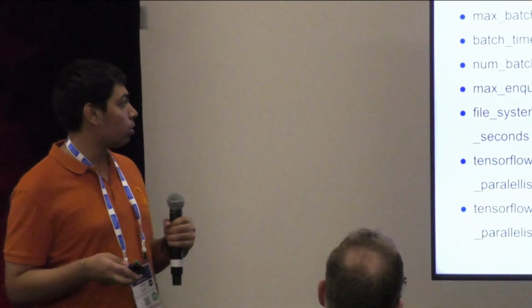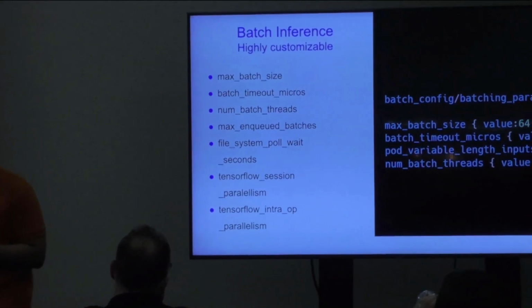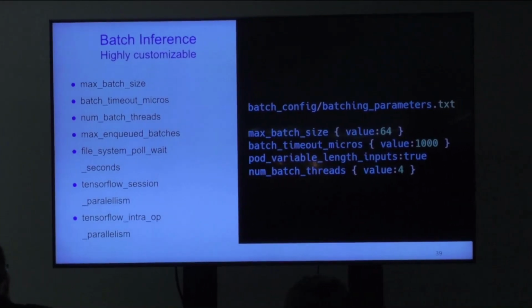Before I go forward, I also wanted to talk about some of the customizations possible here. These are just some of them, and I specifically included some customizations for model versioning as well. Especially if you see the polling related arguments over here, you also have the ability to poll models. One of the things we saw earlier was that you do not need to mount a file system. You can directly get your model from Google Cloud Storage or something. The poll is essentially reading the bucket multiple times to see if a new model version has been found.